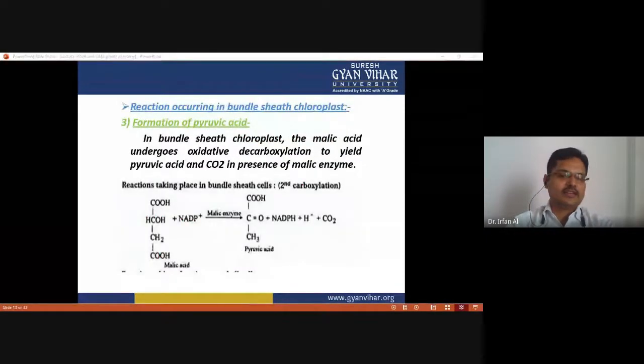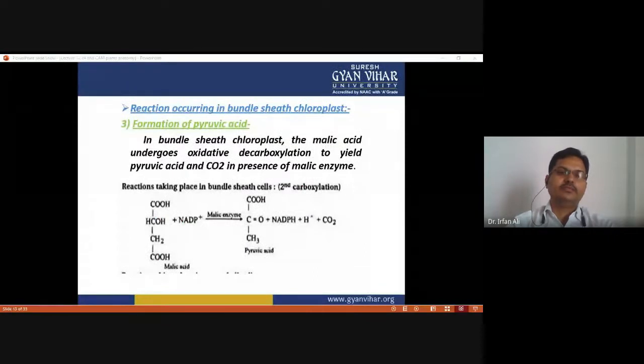Now the next reaction occurs in the bundle sheath cell chloroplast. Here the formation of pyruvic acid takes place. When malic acid is converted into pyruvic acid, it releases carbon dioxide, which is a very important step because the Calvin cycle proceeds in the presence of carbon dioxide.